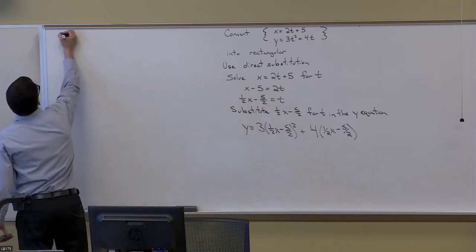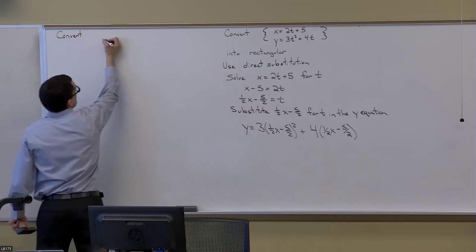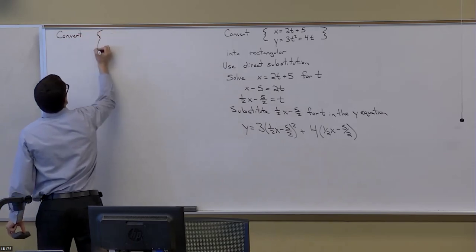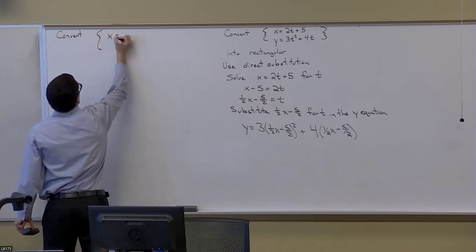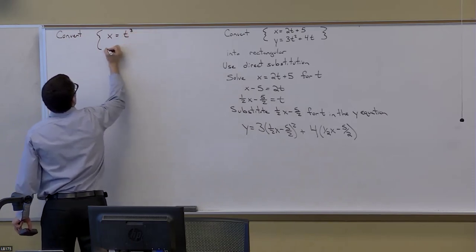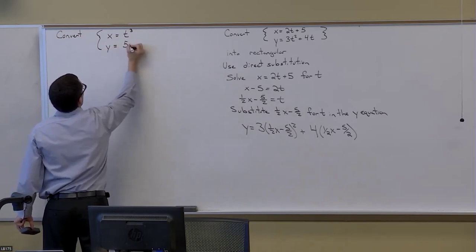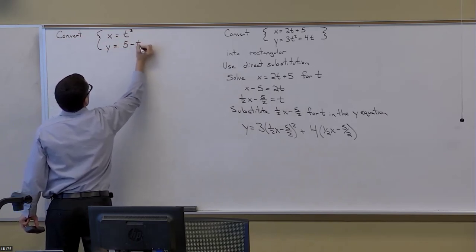I want you to do this on your own. Try to convert x equals t to the third, y equals 5 minus t.